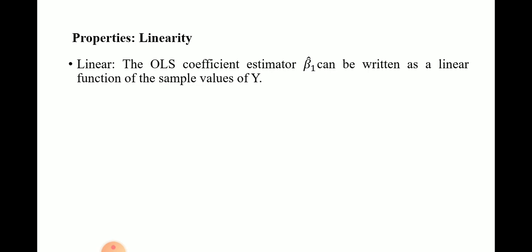Linearity means the OLS coefficient beta 1, the slope coefficient, can be expressed in terms of the sample values of y. Just remember that linearity means the OLS coefficient beta 1 can be written as a linear function of the sample values of y. I am not going into the derivation; you just memorize this.